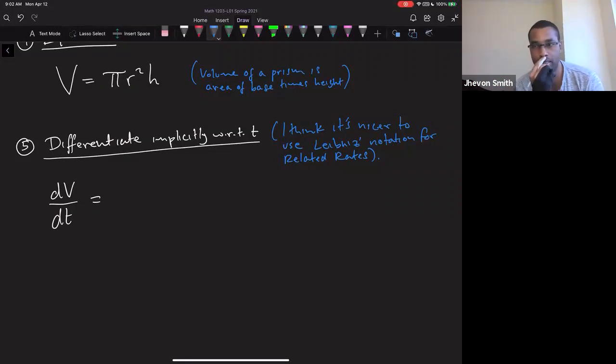Remember, pi is a constant, so you can essentially just leave it alone. How do you differentiate r squared h? Anyone? Bueller?